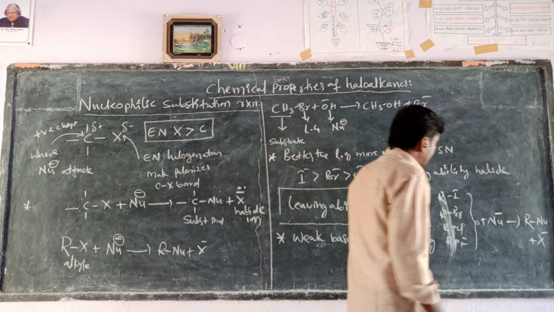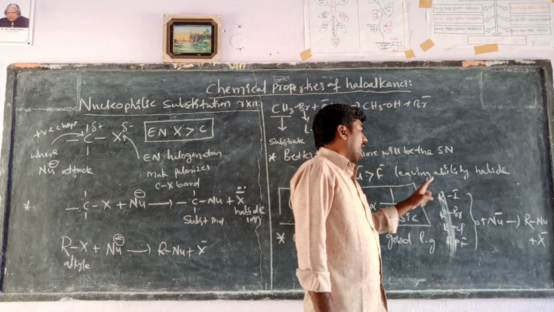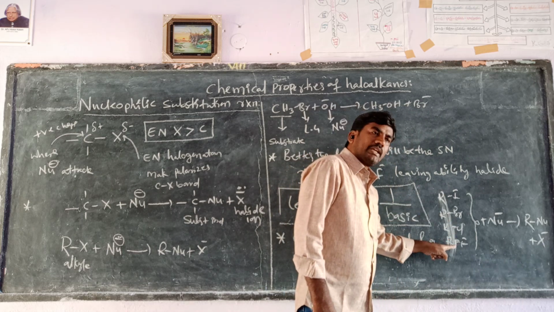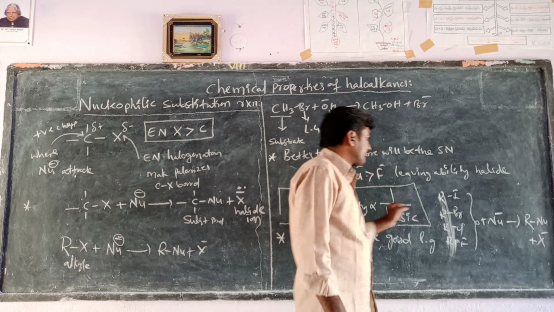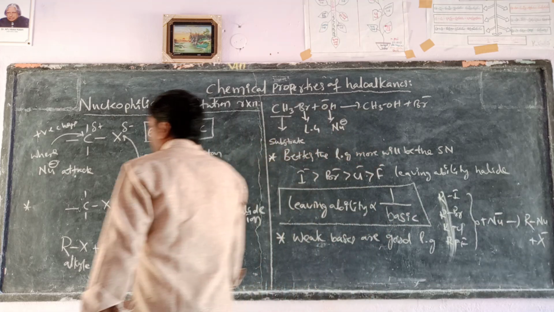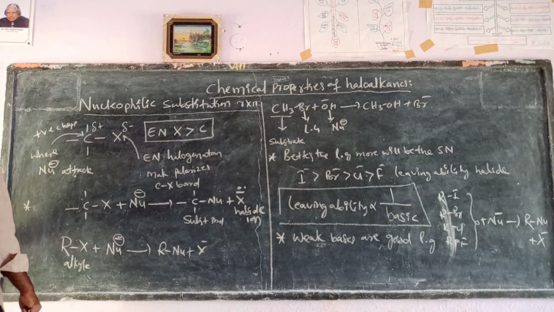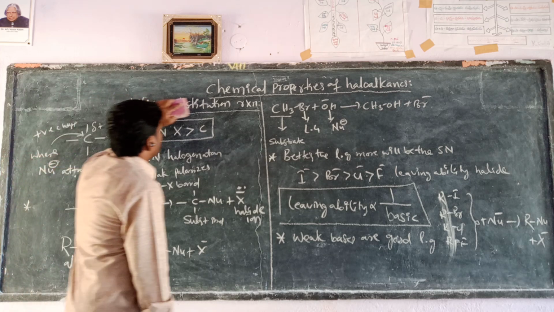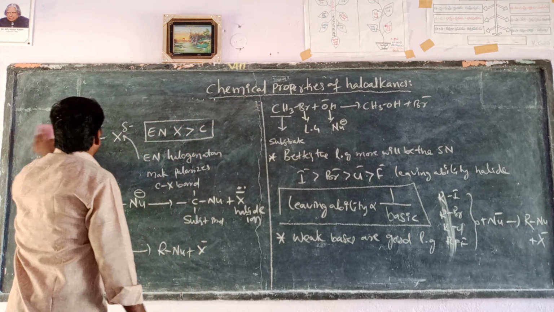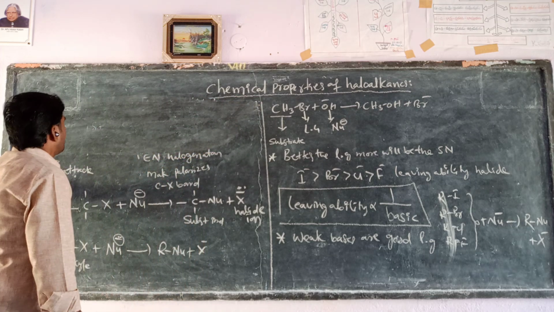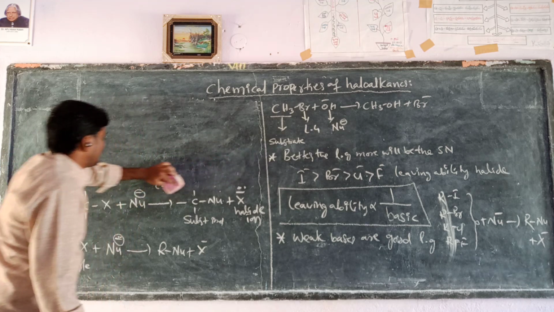The tendency of leaving group decreases down the group because the acidic character of hydrogen halides depends on the bond dissociation enthalpy.